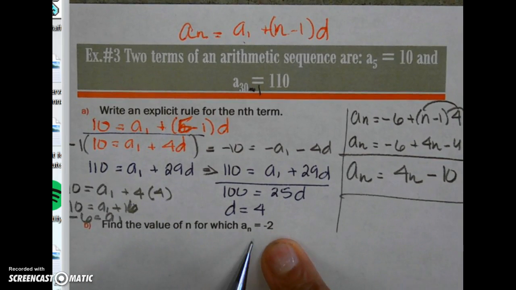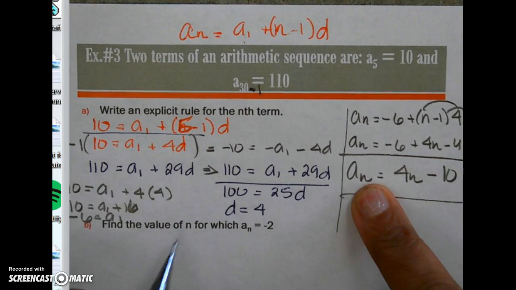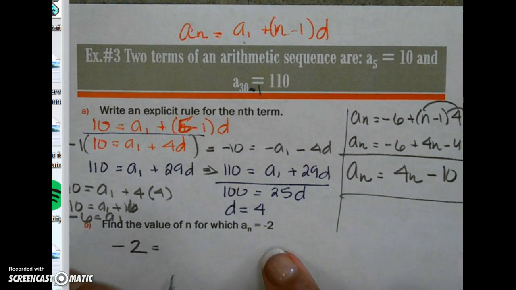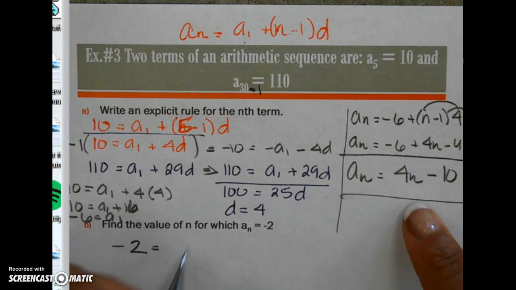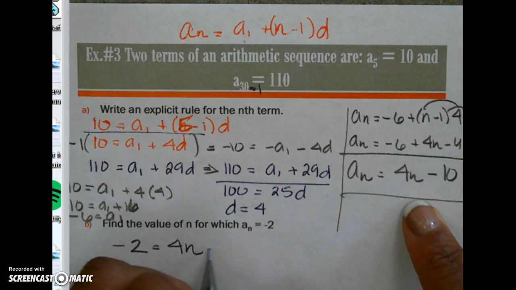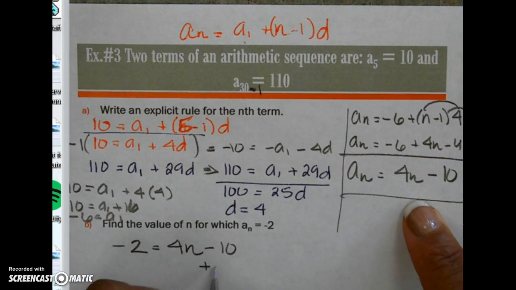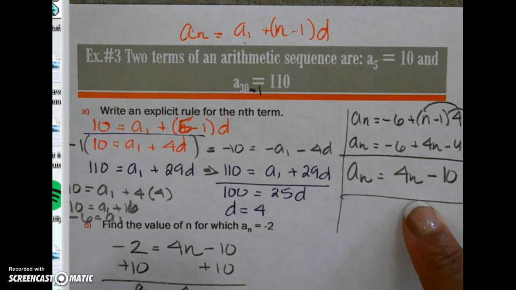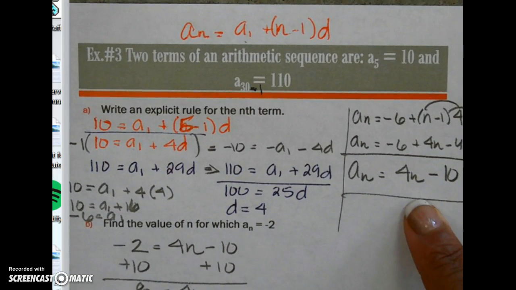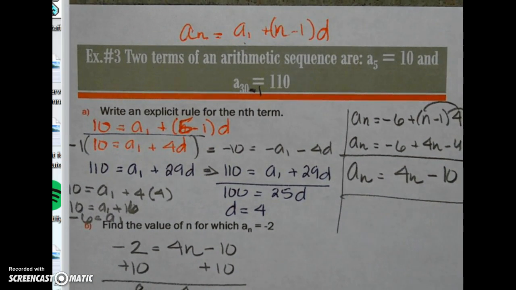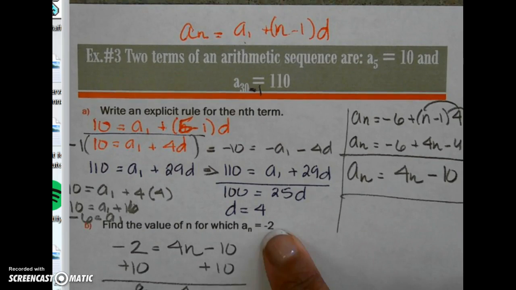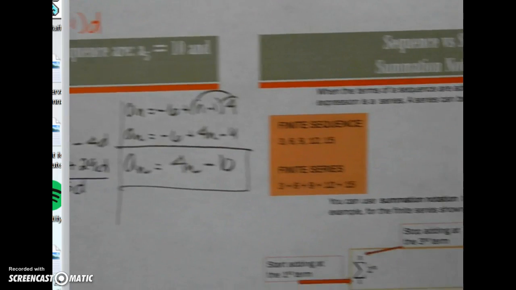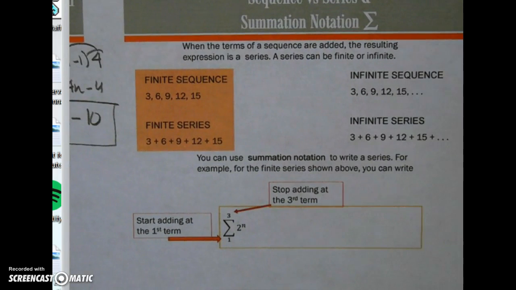So a sub n, the nth term, is negative 2, equals what? Well, I'm looking for the n. So 4n minus 10. Let's solve for n. n equals 2. That means the second term in this sequence is negative 2. All right, let's see. I think we will save this part for the next video.